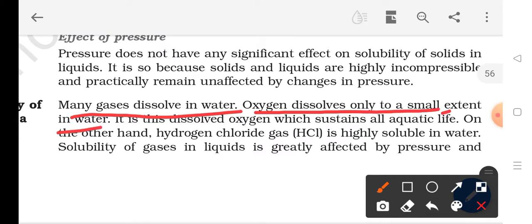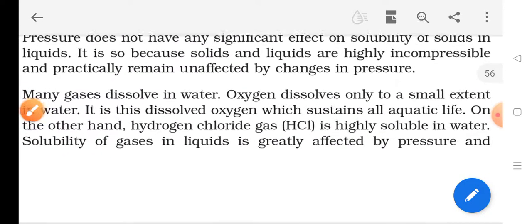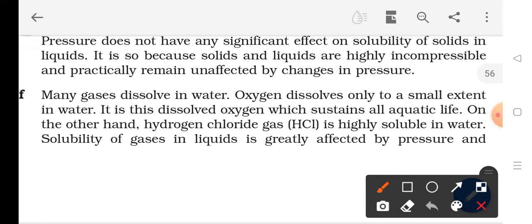Why is oxygen dissolved only to a small extent? Because yesterday I told you that when there is a polar solute, it dissolves only in a polar solvent.